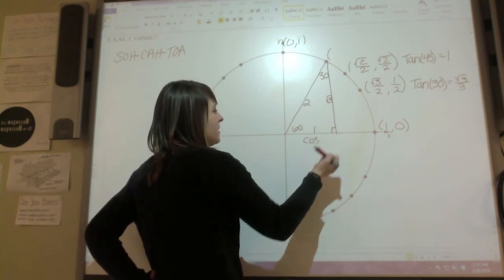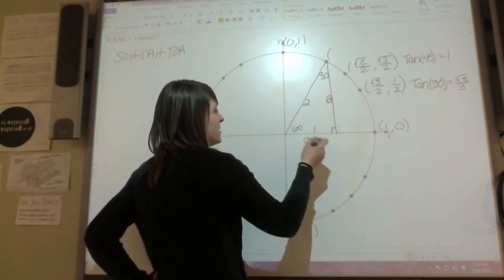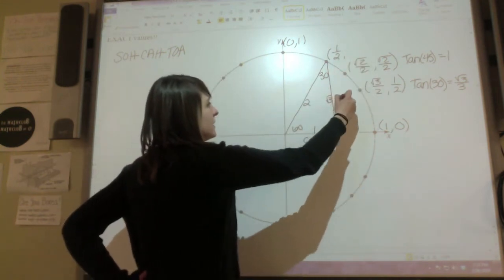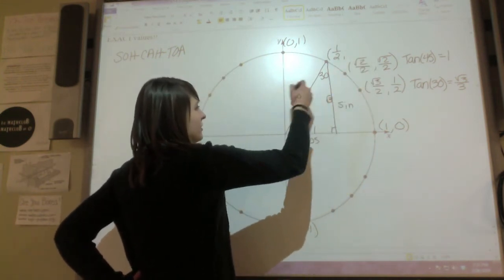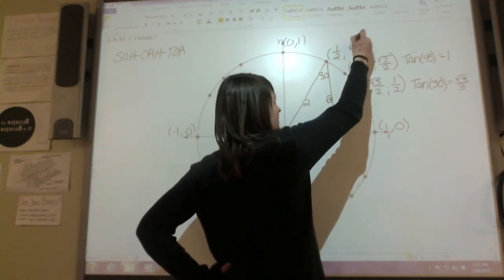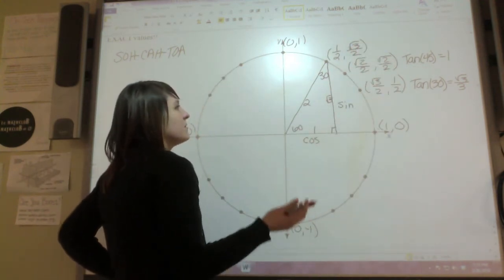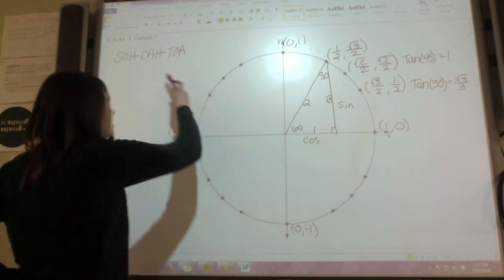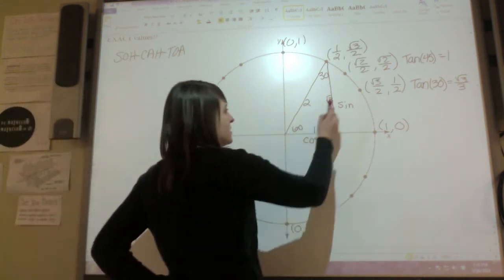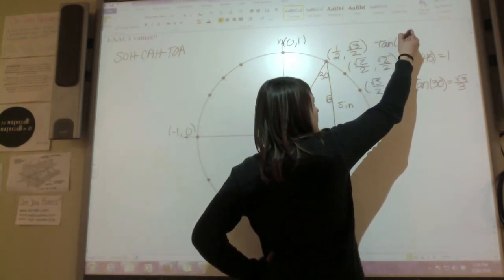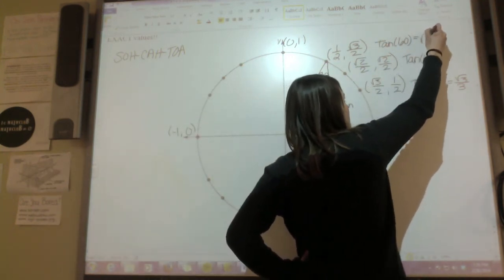My cosine, that's my adjacent over hypotenuse, so that's going to be 1 over 2. My sine is my opposite over hypotenuse, so that would be square root 3 over 2. Then my tangent, remember, is opposite over adjacent, so square root 3 over 1. So the tangent of 60 degrees is square root 3.